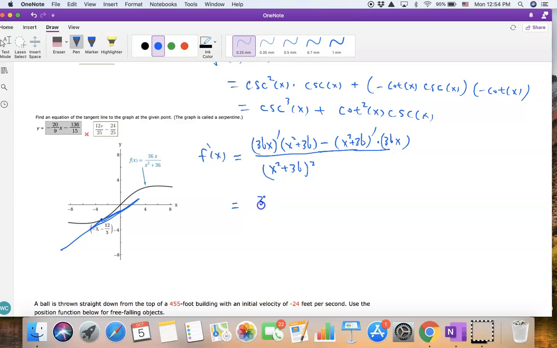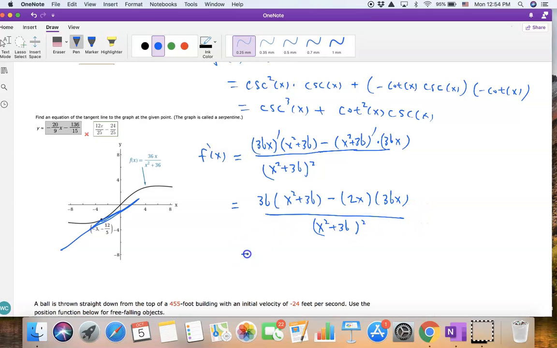So we have 36 times (x squared plus 36) minus the derivative of x squared, which is 2x, and the derivative of 36 is 0, so just 2x times 36x, over (x squared plus 36) squared.